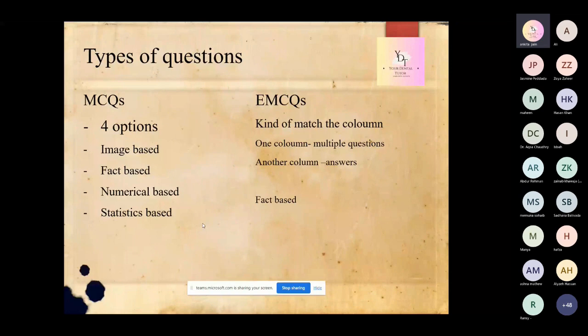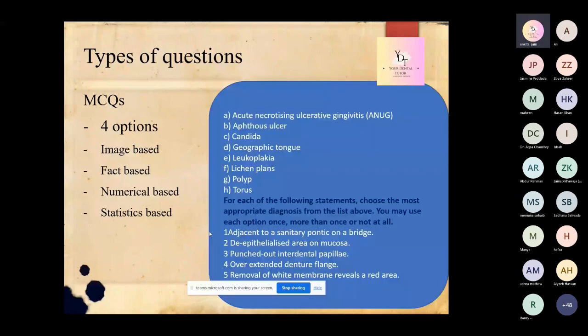I have given here one example of EMCQ. At the bottom, you can see a list of oral conditions, and on the top there is a list of disease conditions. So you have to match the oral conditions with the disease conditions, the oral situation in which these diseases can be associated.